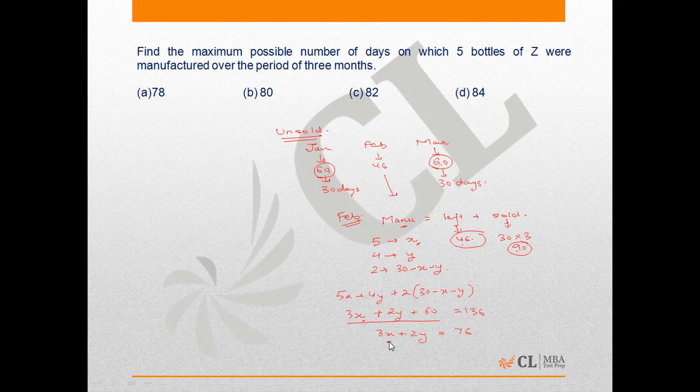Now we have to maximize x. The maximum value of x will be when y is equal to 2, that is, x is equal to 24. So the maximum possible total number of days on which 5 bottles of Z were manufactured will be equal to 30 plus 24 plus 30, that is equal to 84.